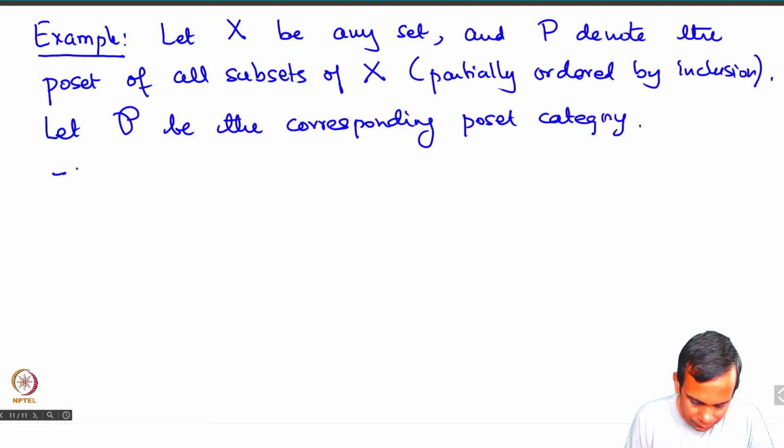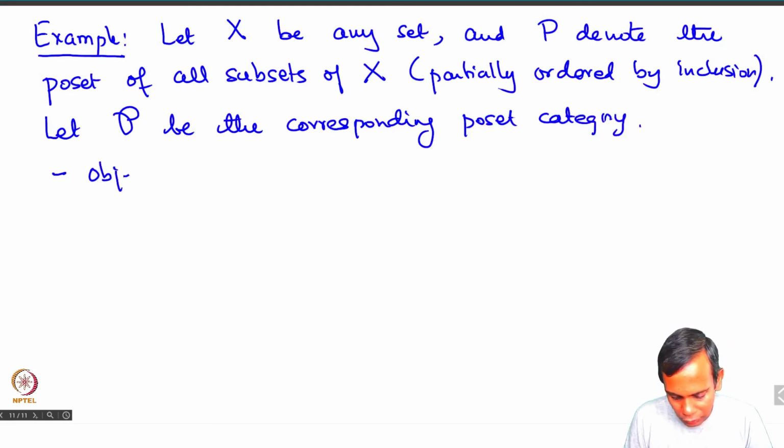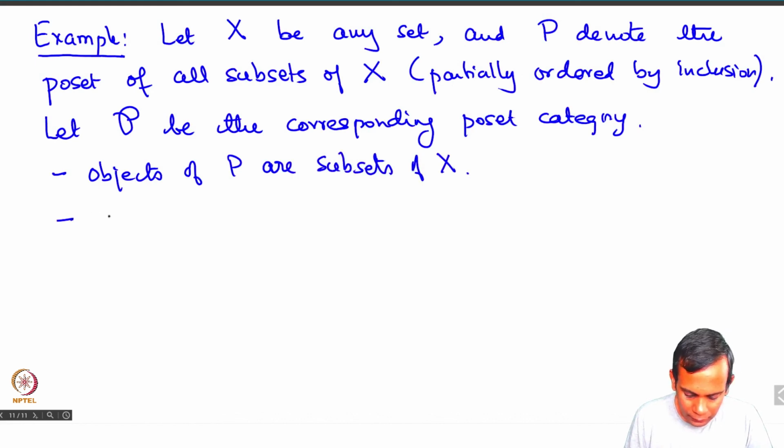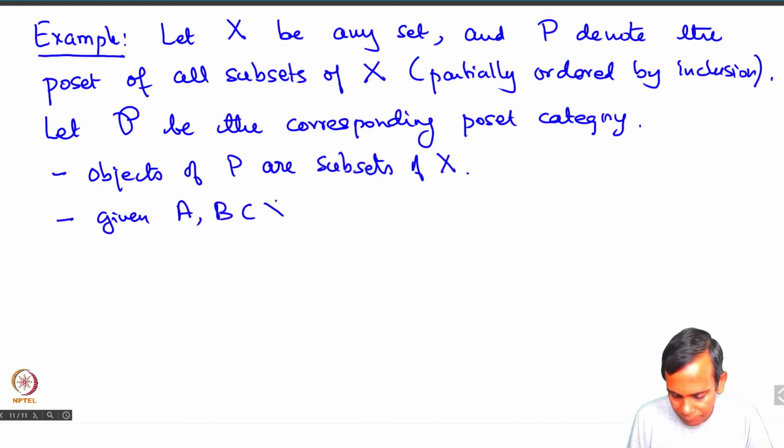objects, so we've discussed this category before. Objects of P are, in this specific case, subsets of X, and given subsets A, B, there is a unique arrow. So let's just write it down.